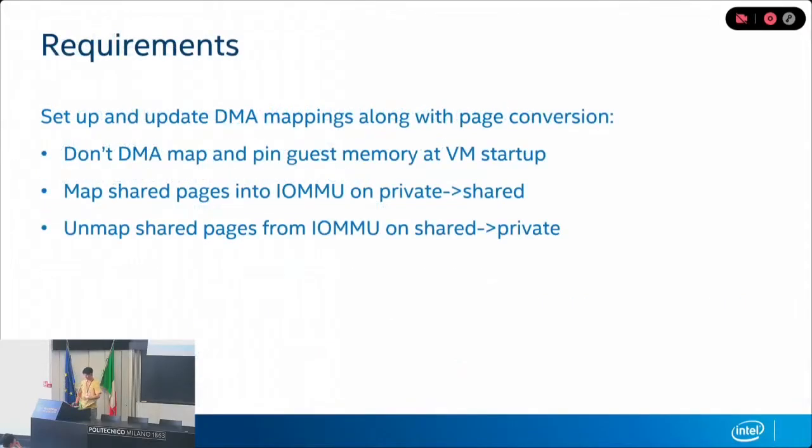And so what are the requirements here? We need to set up and update the DMA mappings along with page conversion. Specifically, we don't do DMA map and pin guest memory at VM startup, and we need to map shared pages into IOMMUFD on private to shared conversion, and unmap shared pages from IOMMUFD on shared to private conversion.